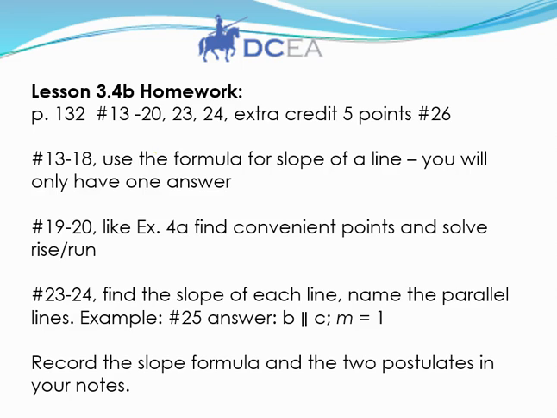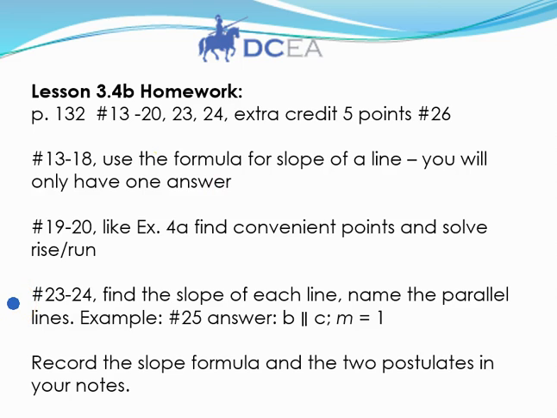Some hints for your homework for number 13 through 18. Use the formula for slope of a line. You will only have one answer in these problems. For numbers 19 and 20, they will be worked like example 4a. Find convenient points and solve the rise over run.